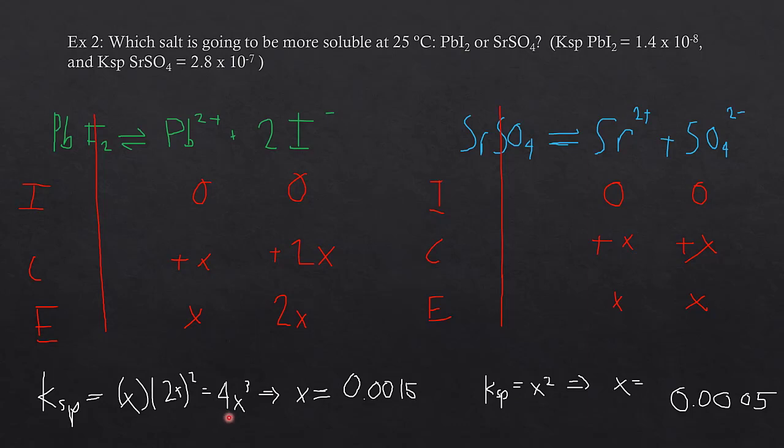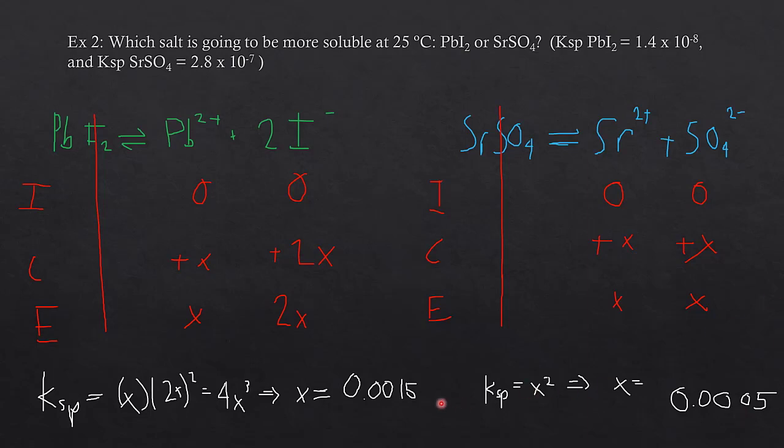And so after I solve for x using the Ksp value given, we see that x for lead iodide is 0.0015. And when I solve this using this Ksp value, we see that x is equal to 0.005. Now, if you remember back to what we just said, we said that x is going to be equal to the molar solubility, right? How many moles can we actually dissolve?